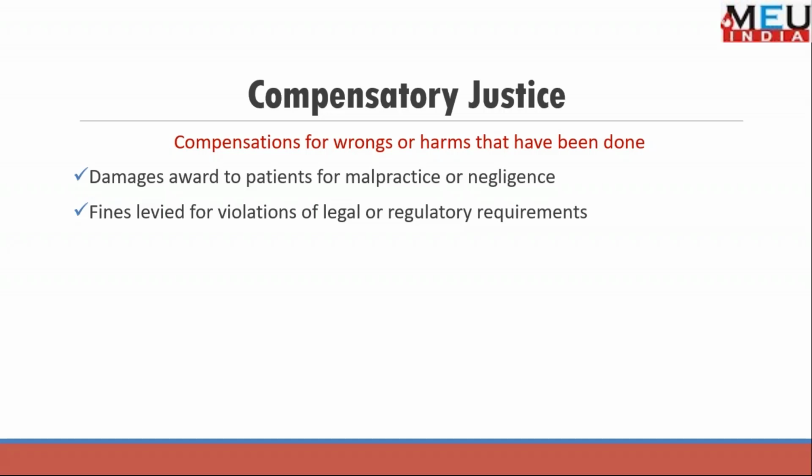Suppose the Medical Council of India has the authority, in case you do what is contrary to what is expected of a health professional, to de-roster you from the council, that is, from your profession. So this is what is called compensatory justice.